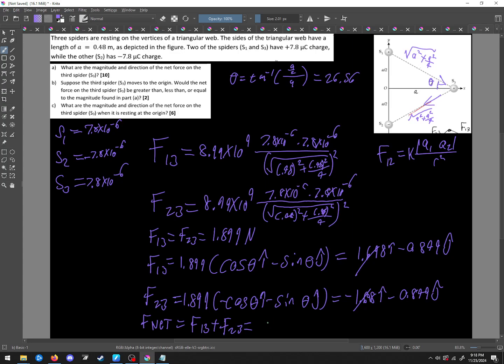So that would be 1.7 newtons, and the angle is 26.56 degrees. They don't want the angle, they want the direction.